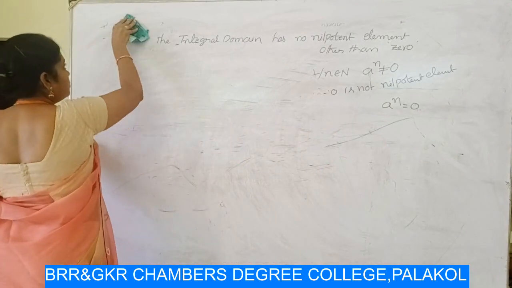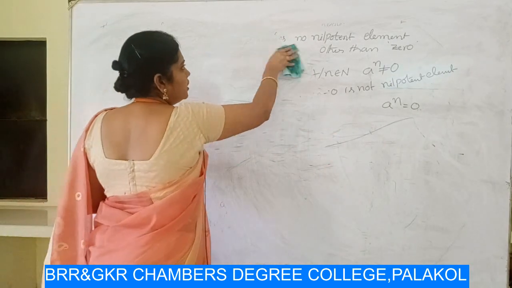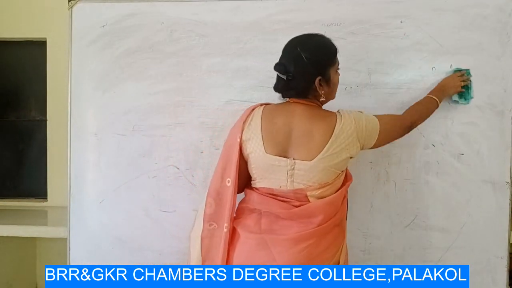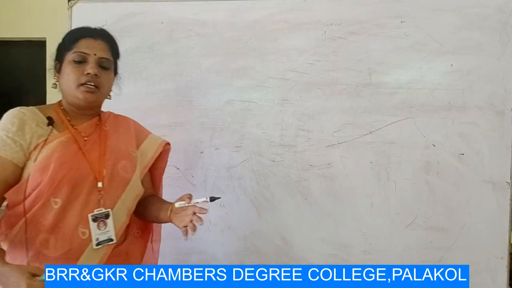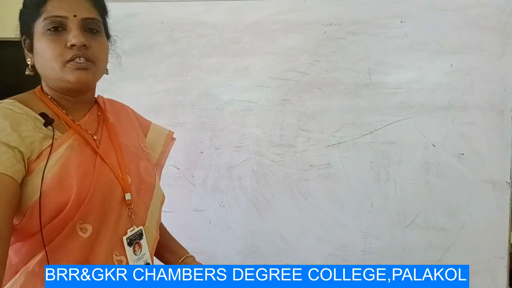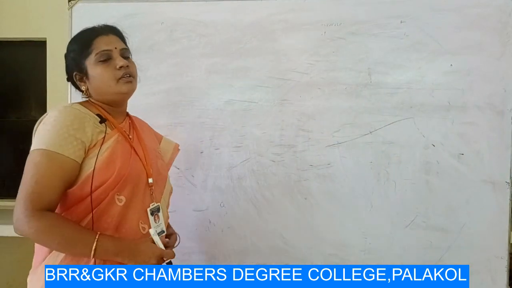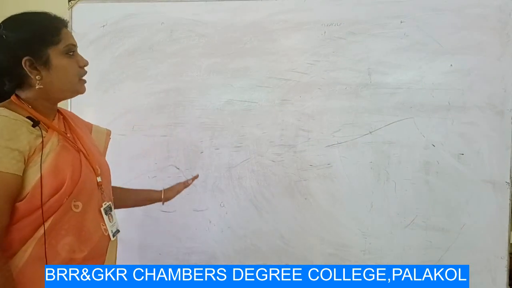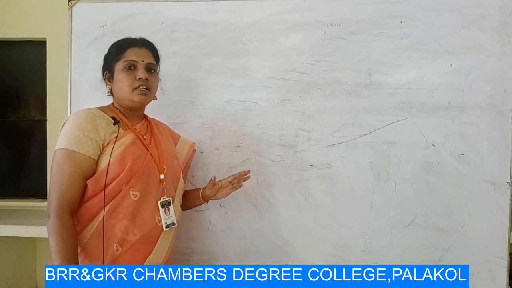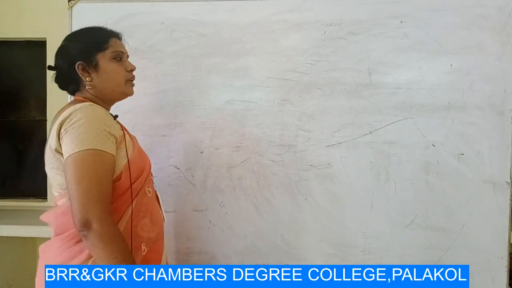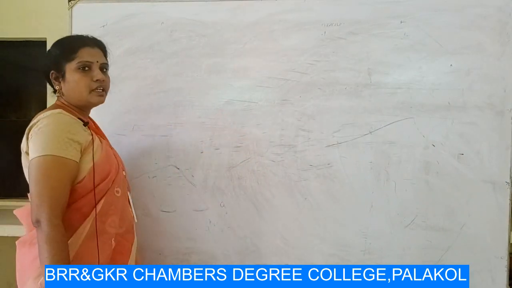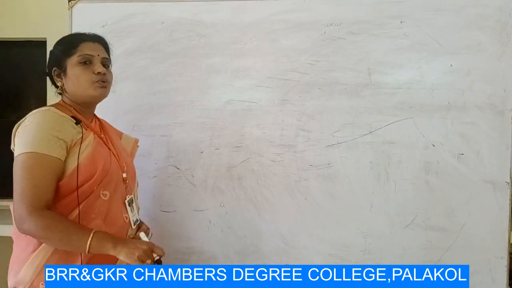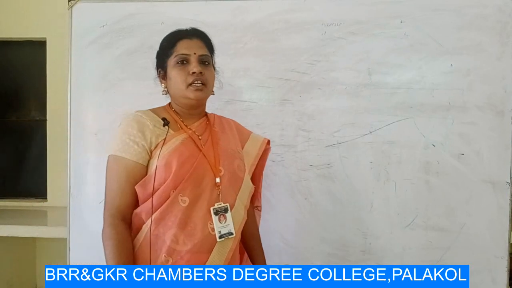In this theorem also, we have proved for a power 1 not equal to 0 and for a square not equal to 0, and then we assumed a power k is not equal to 0 and proved a power k plus 1 is not equal to 0. Then every non-zero element is not a nilpotent element. So only the zero element is a nilpotent element. So an integral domain has no nilpotent element other than 0.